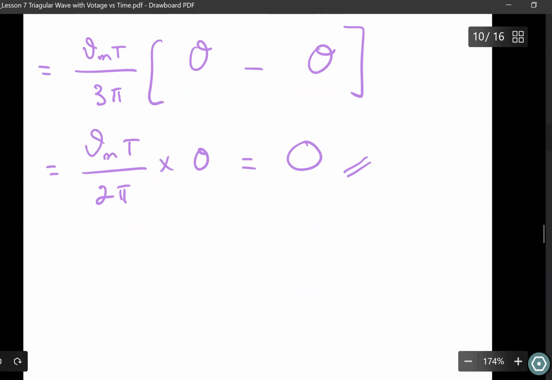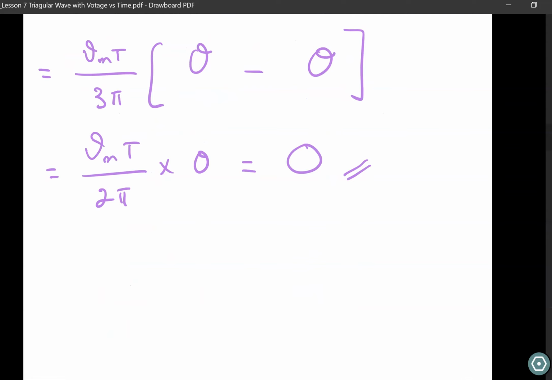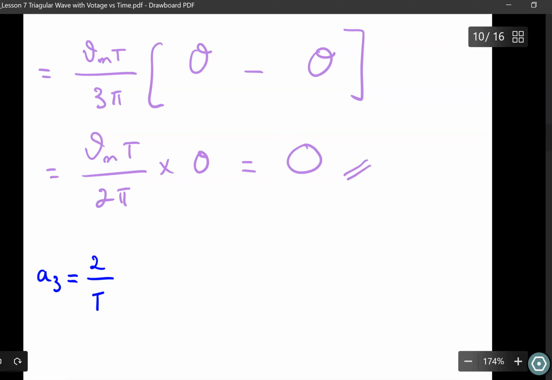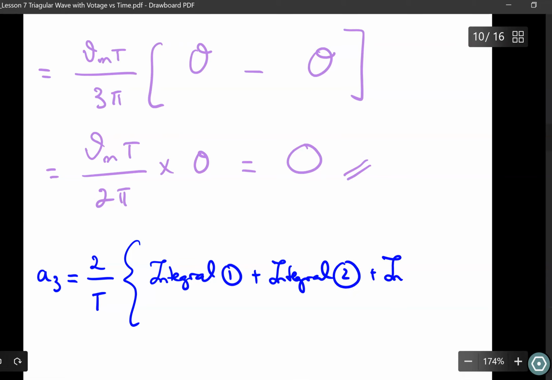Alright, okay. So before, what we have is A3 equal to 2 over T, and in here I should have integral 1, I add that with integral 2, and I add that with integral 3.